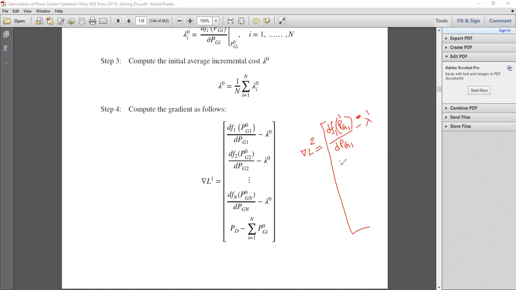Up to dfn over dpgn, again minus lambda 1. And this last one should be pd minus the summation of i equals 1 up to n of pgi 1. So this would be del L2, which is calculated at x1. Okay, in this manner the iteration will continue until the solution has converged.